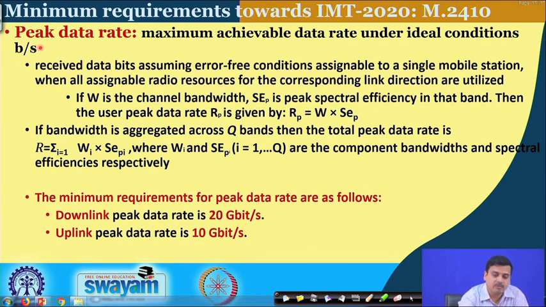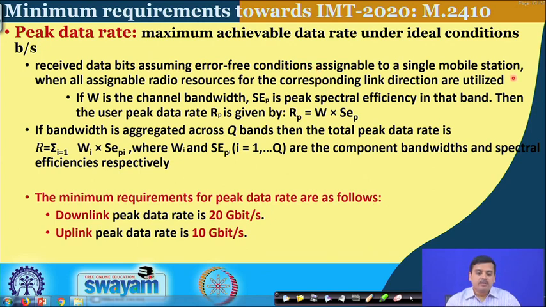It is defined as the received data bits assuming error free condition. So you can almost do these calculations theoretically, because whatever is transmitted is assumed to be received without error in this particular case. So this is the error free data bits assignable to a single mobile station.